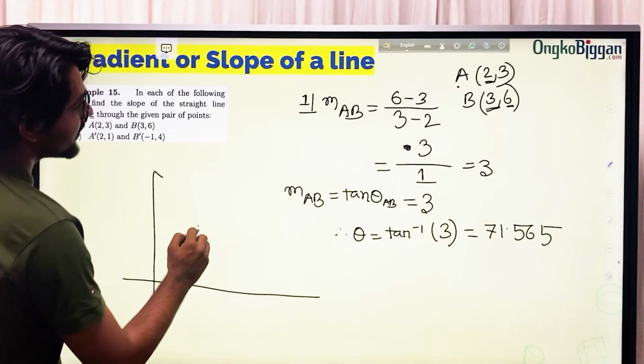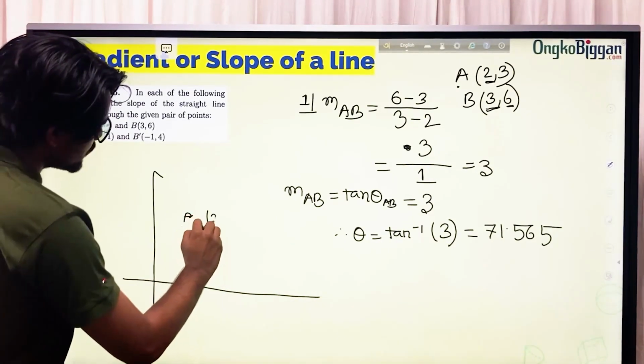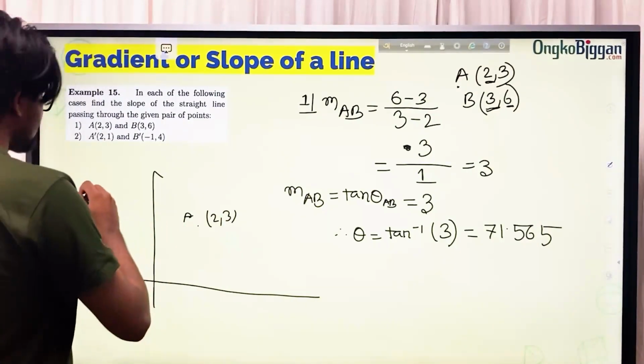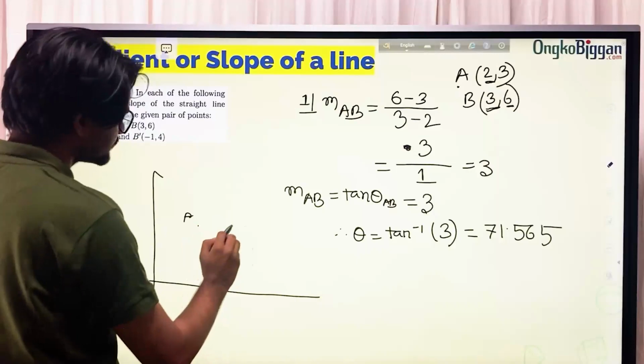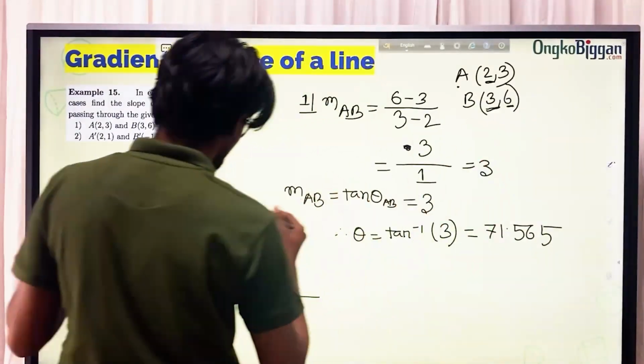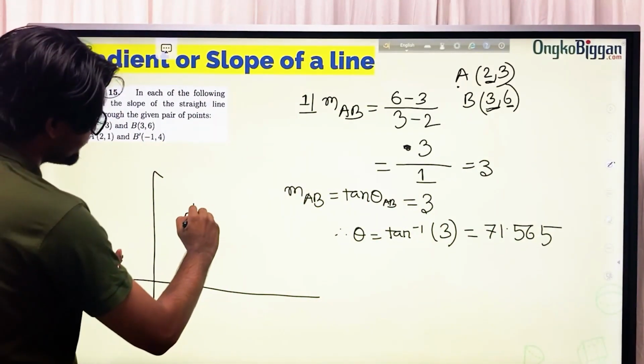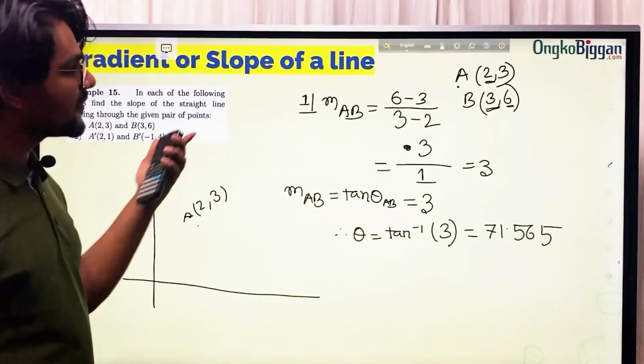So the straight line AB: the coordinate of A is (2, 3), and the coordinate of B is (3, 6).